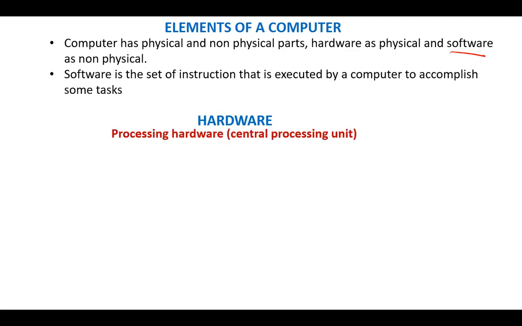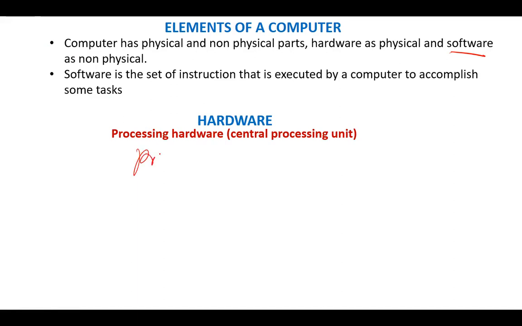So this is the central processing unit. As we earlier discussed, it consists of many important things. We have the processor, we have the memory unit, we also have the arithmetic and logic unit. The processor itself is where the name processing comes from.